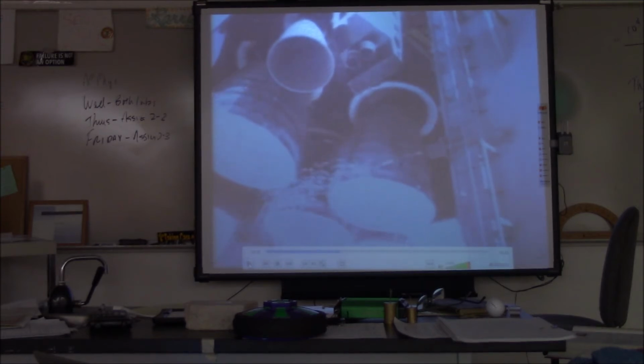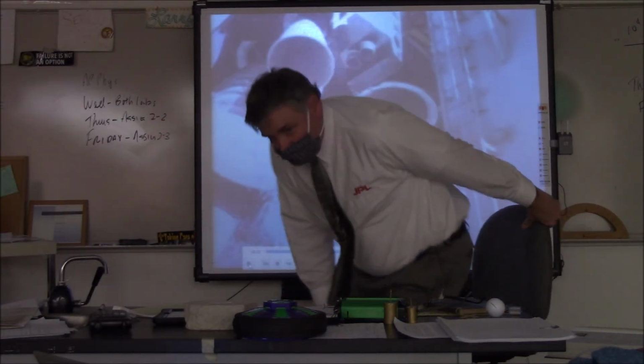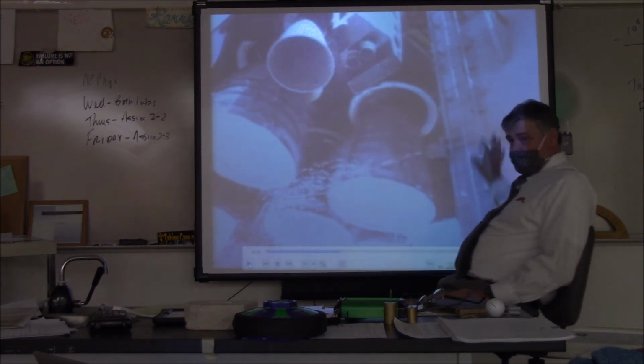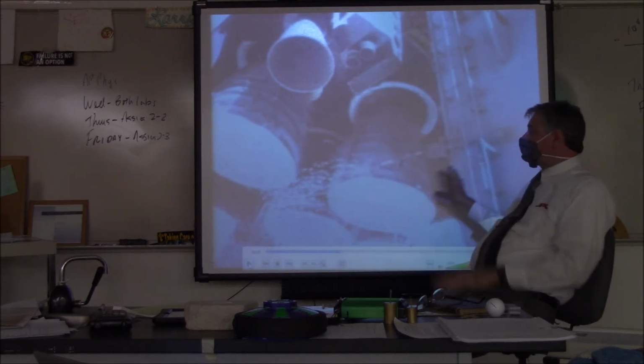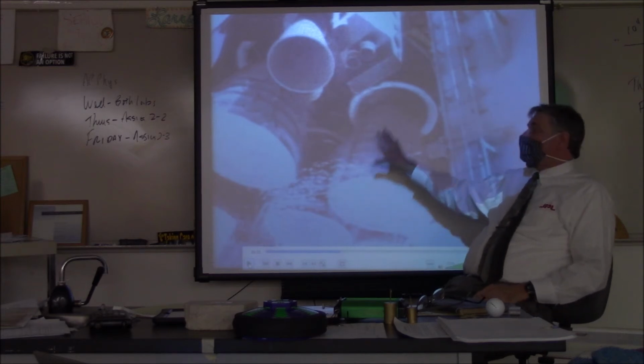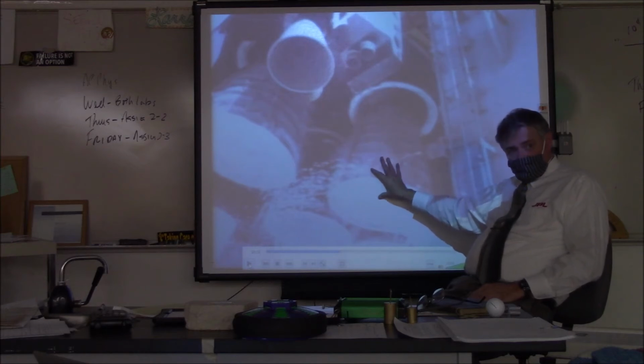Okay, so let's talk about this. There's a couple of things to consider. One, these big solid rocket boosters are over here, and you've got these 3 big engines firing right here. But the space shuttle hasn't taken off yet.